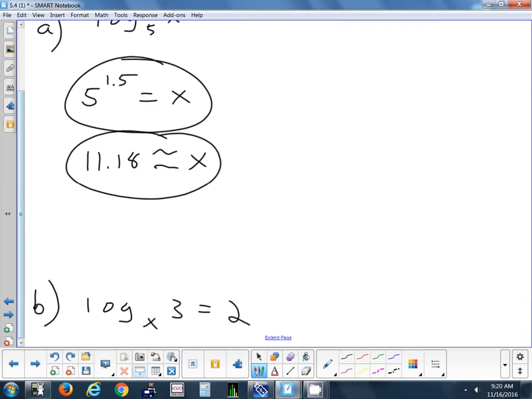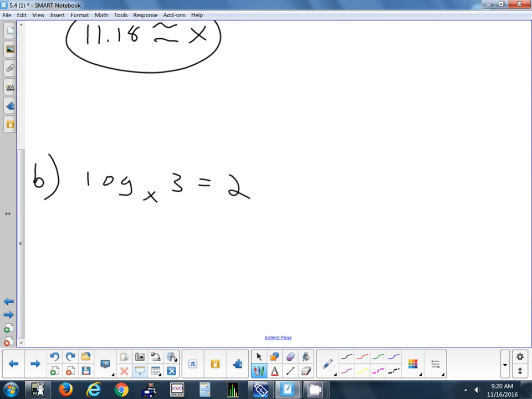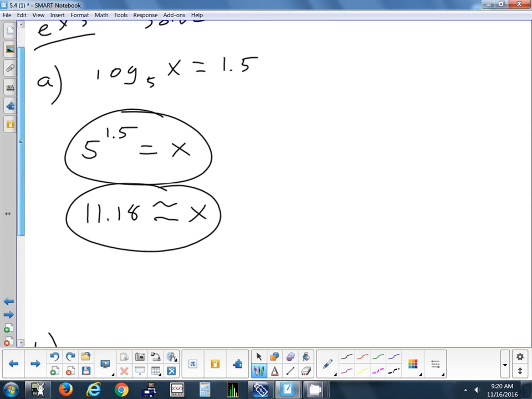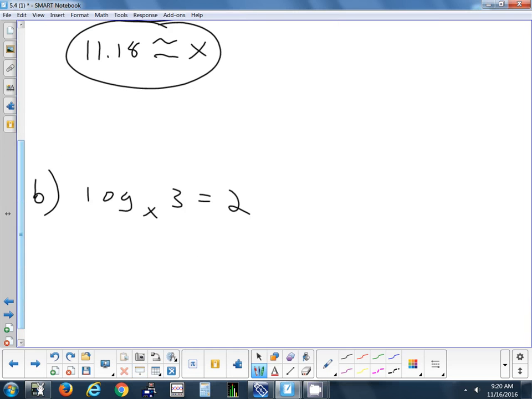All right, how about this one? A little different. This time, instead of the variable being the argument, the variable is in the base. So what would that one look like if you change it to exponential form? X squared equals 3. And now the goal is still to get the x by itself, and we got to do it a little differently than the last problem.